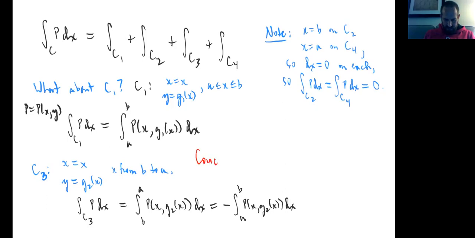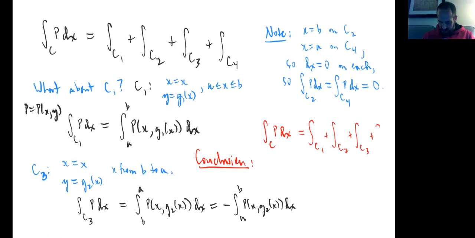The integral over C of P dx equals the integral along C1 plus the integral along C2 plus the integral along C3 plus the integral along C4.